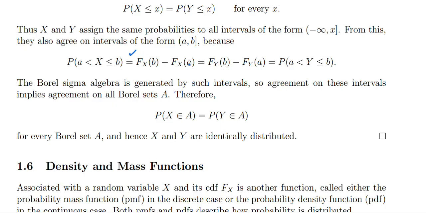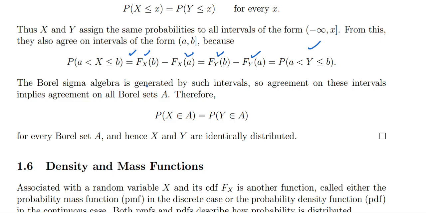And this is F Y of b minus F Y of a, because F X of x is the same as F Y of x. So this is the same as probability of a less than Y less or equal to b.